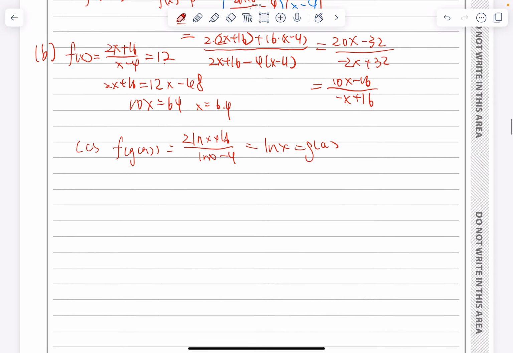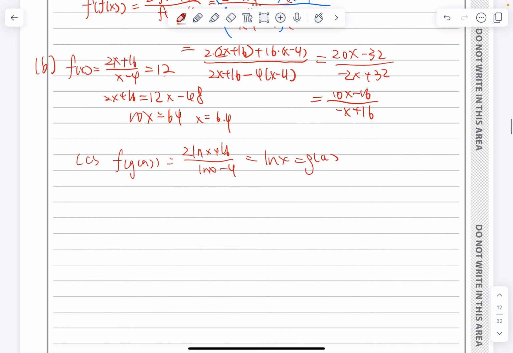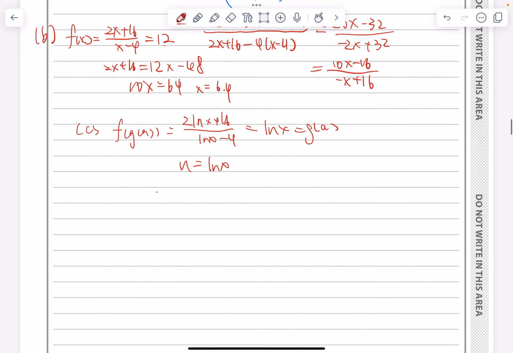There's a square here. Okay, I think we just assume, let's take a substitution. u equals ln x. Oh yeah, I forgot to use substitution. 2u plus 16 equals u squared minus 4u.